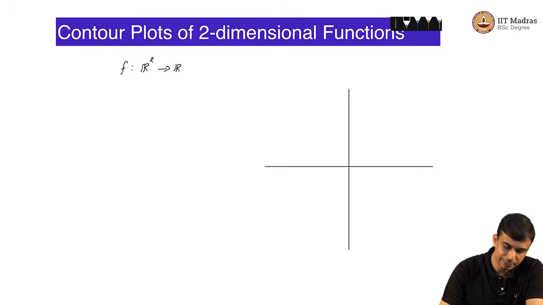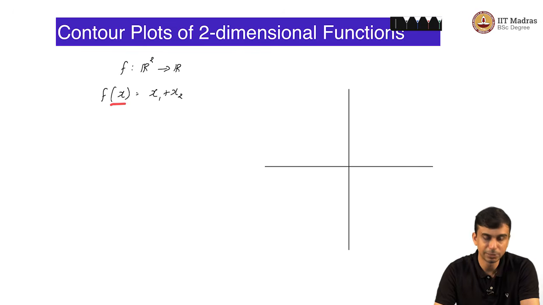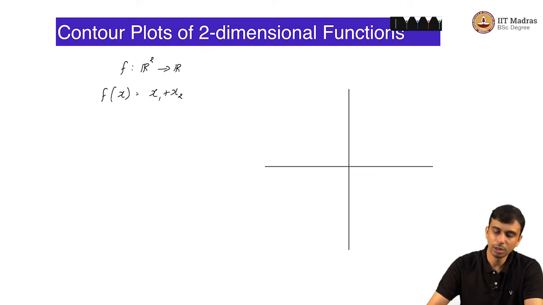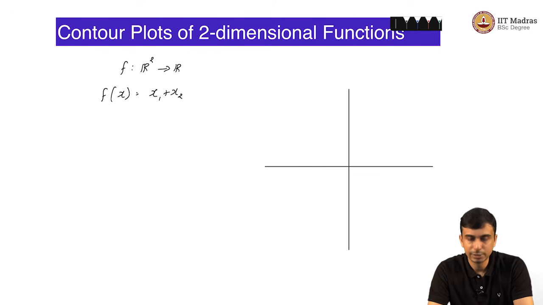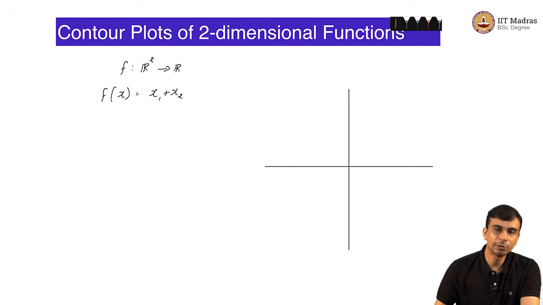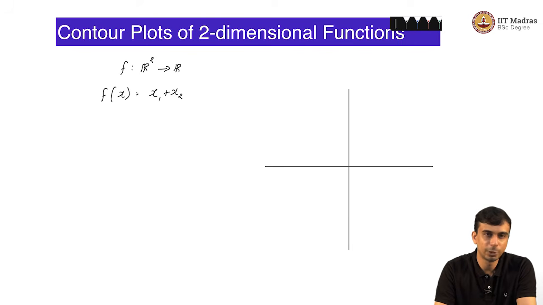So what do we mean by that? Let us say we have a simple function f from R2 to R. Let us say f of x is equal to x1 plus x2. So x is a 2-dimensional vector, which means that it has 2 components x1 and x2. How do you visualize this function? The standard way is to think of a set of values the output of this function can take.